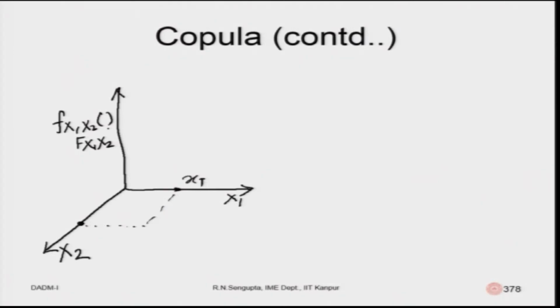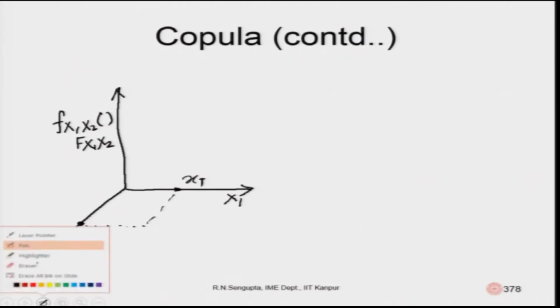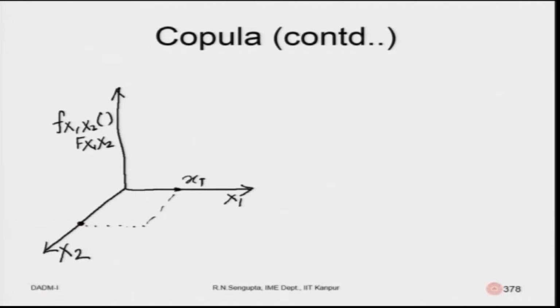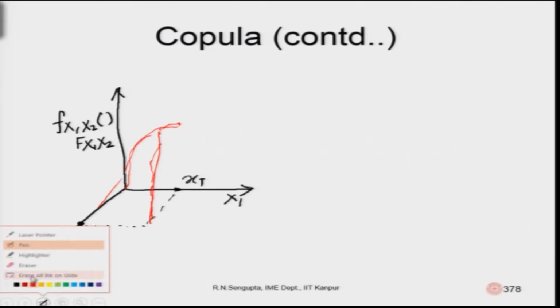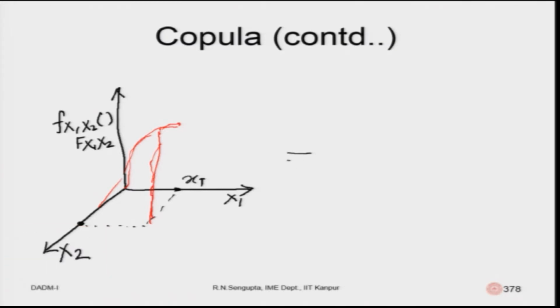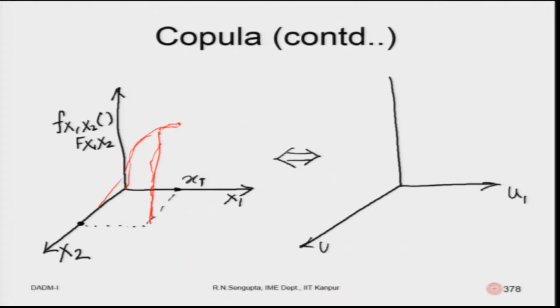So, in the 3-dimension it will be some, let me use the red color. So, this is some distribution which is in the 3-dimension case, some value which will be here. So, now what we do is, this has to be mapped. Now, I have the discrete case, this is u1, u2.